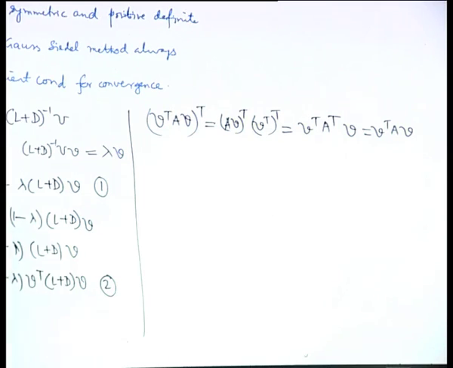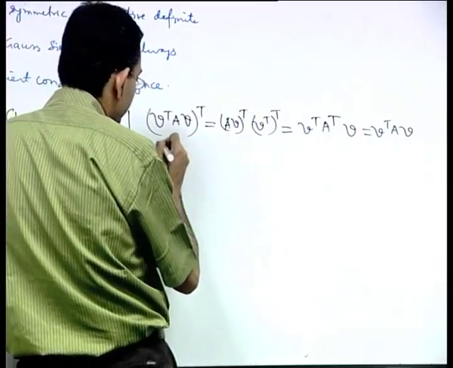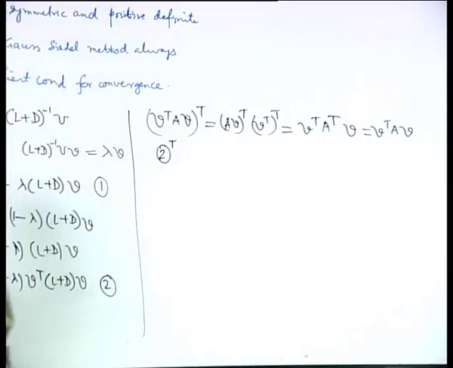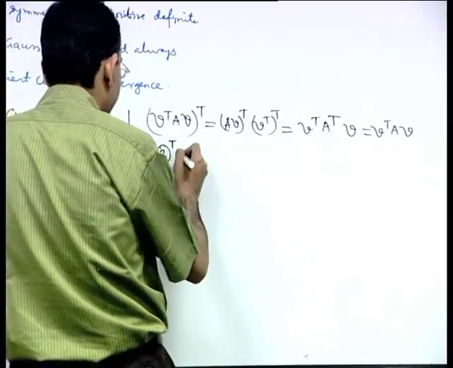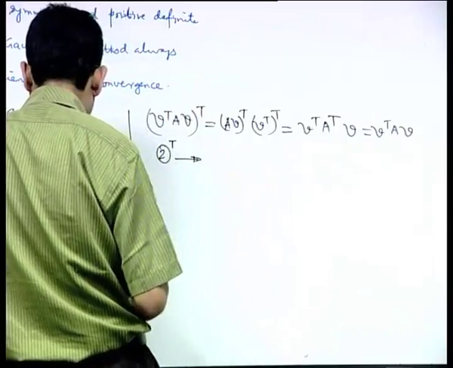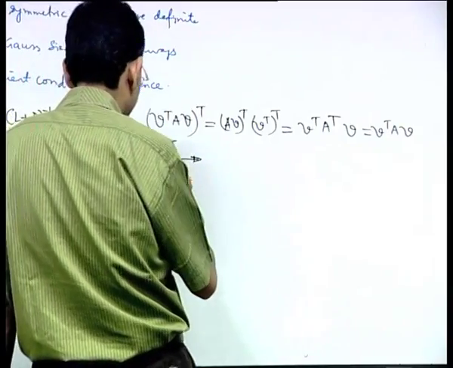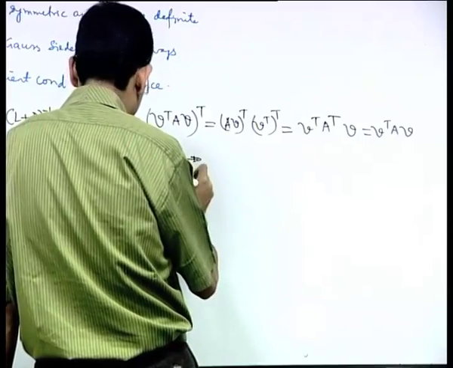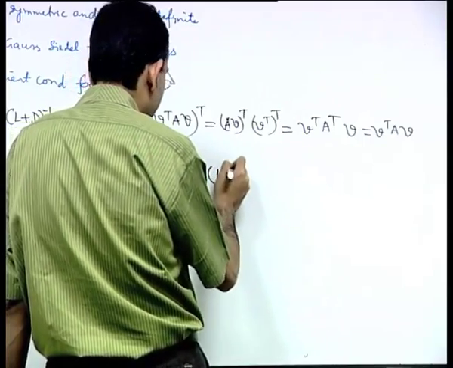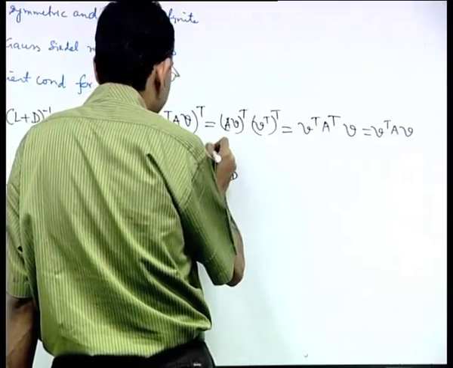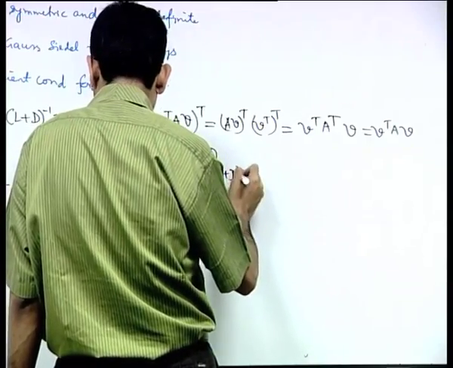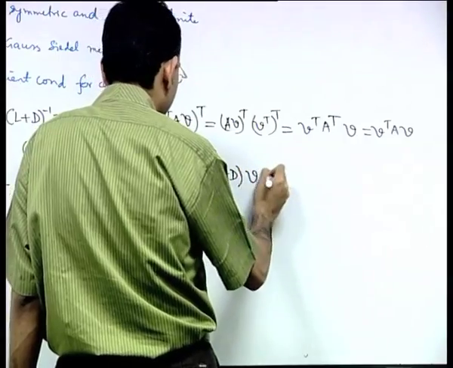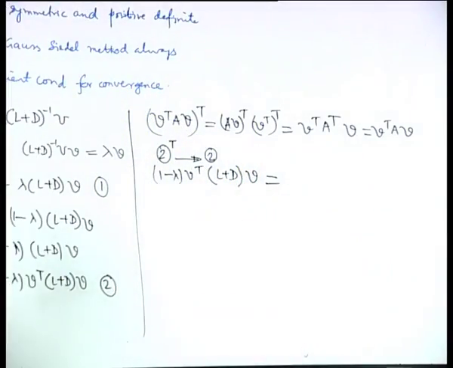So if you take the transpose of 2, then you can write 1 minus lambda V transpose L plus D V. So transpose of 2 is the same as 2, that means 1 minus lambda V transpose L plus D V is equal to its transpose.